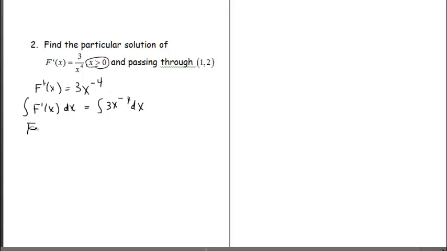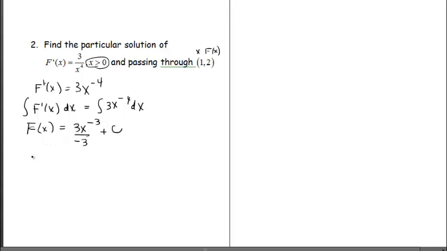So this is going to go back to f of x. Increase the exponent by 1 to negative 3, divide by negative 3, plus c. All right, so this is actually your x and y, or if you want to call it x and f of x. I'm going to do a little cleanup at the same time I'm trying to plug things in here.